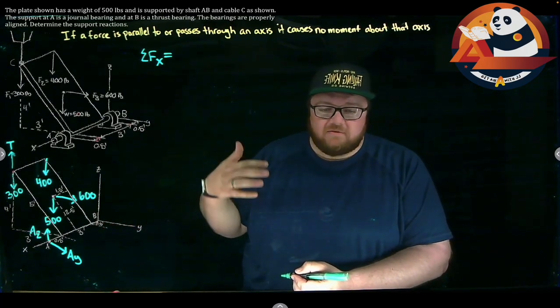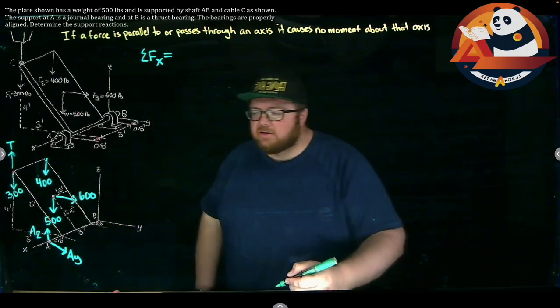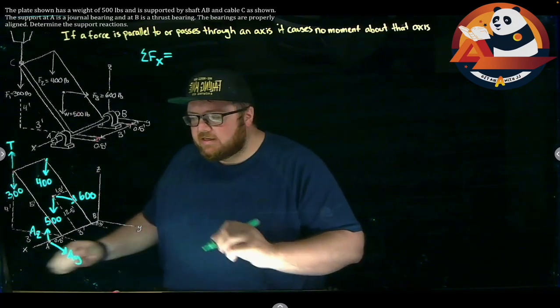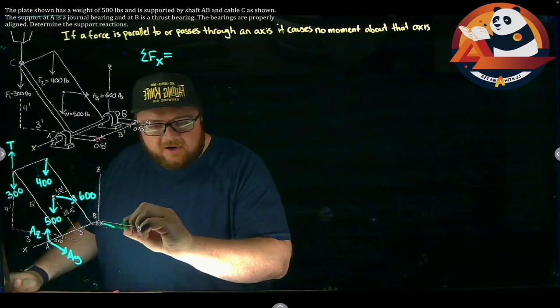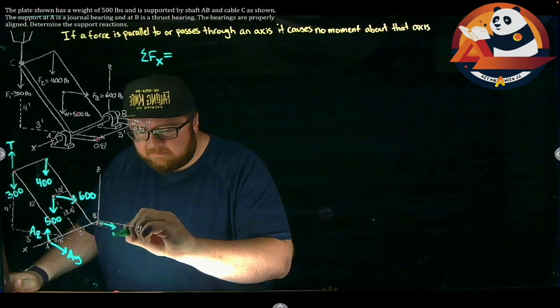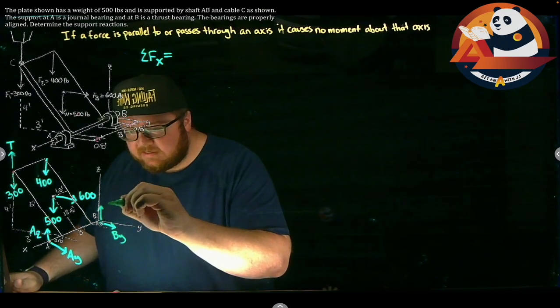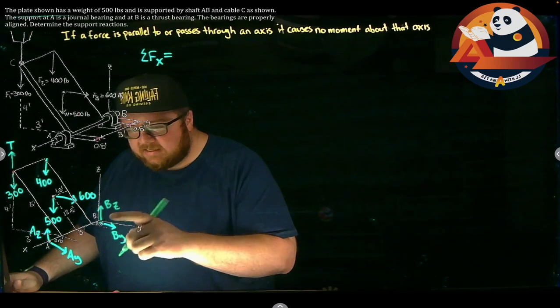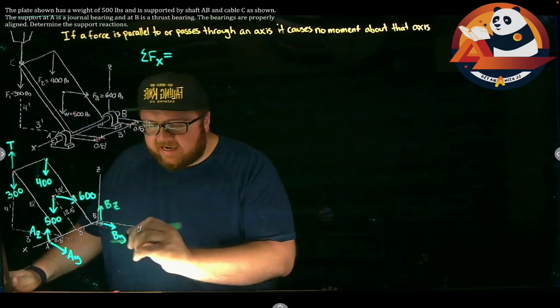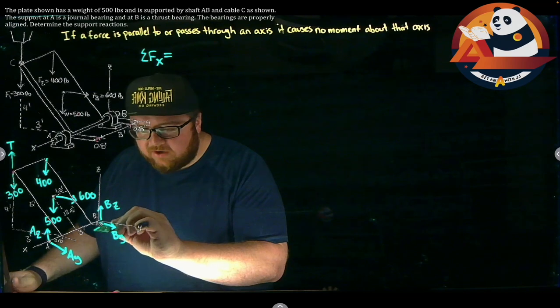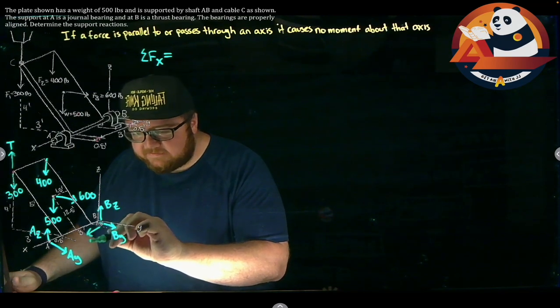So I should have forces parallel and perpendicular to our shaft that we're resisting. So just like before, we'd have that BY and a BZ on this. It's the same as our journal bearing. We're just adding in that one parallel force in here, a BX.